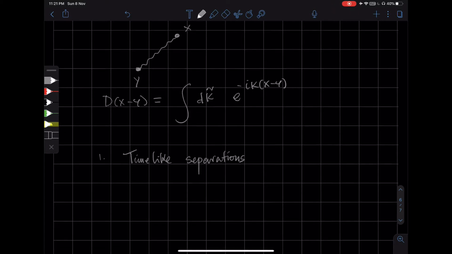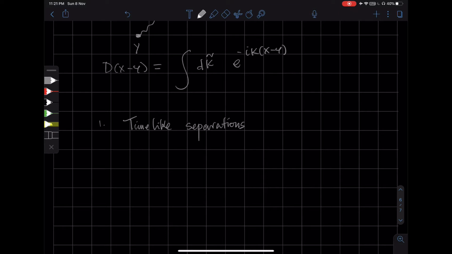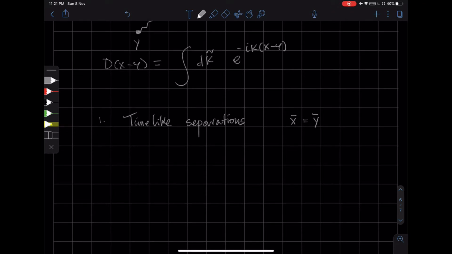So for time-like separations, we can always go to a reference frame in which the three-dimensional vector x is equal to the three-dimensional vector y. And if I do that, then my function, my propagator, becomes, if I write this now explicitly, so this is k.